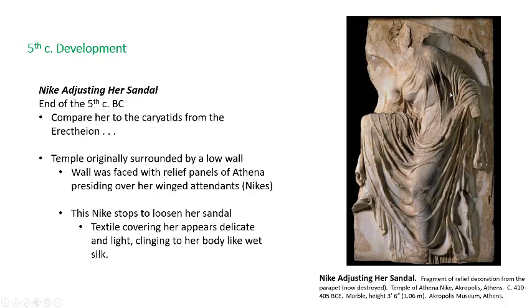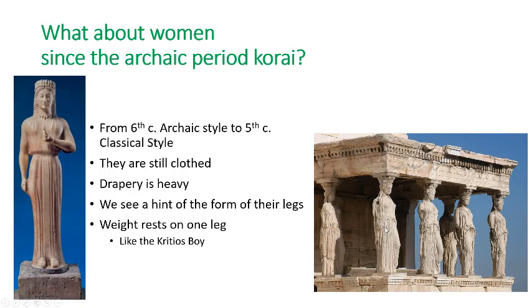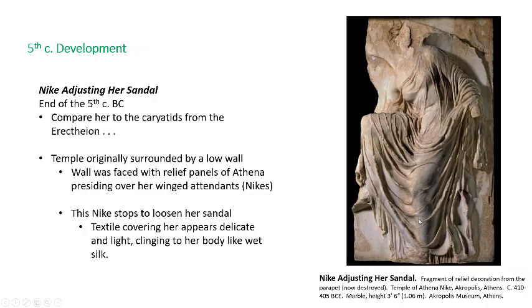But look, I'm comparing her to the caryatids here, which are the caryatids from a temple called the Erechtheion, right? They're similar in the drapery. They both got lots and lots of heavy drapery. But you also, again, get to see a hint of the shape of the woman underneath.